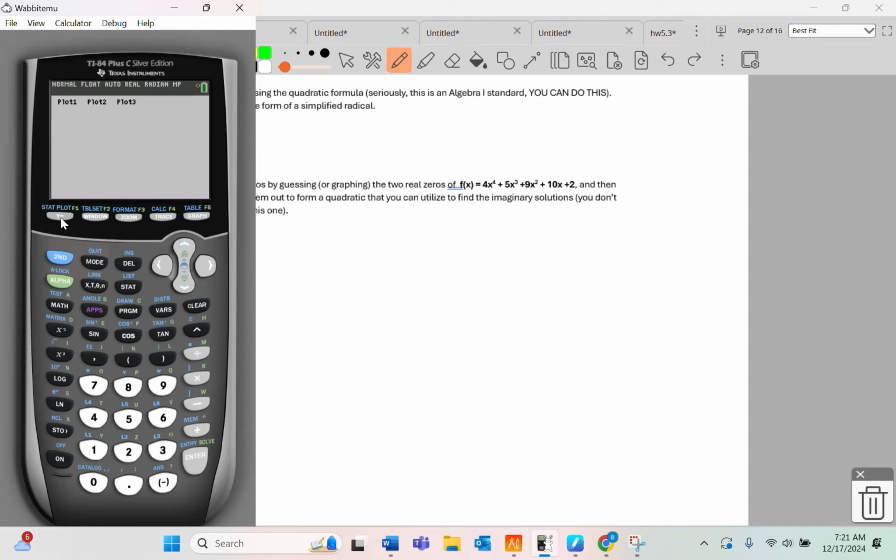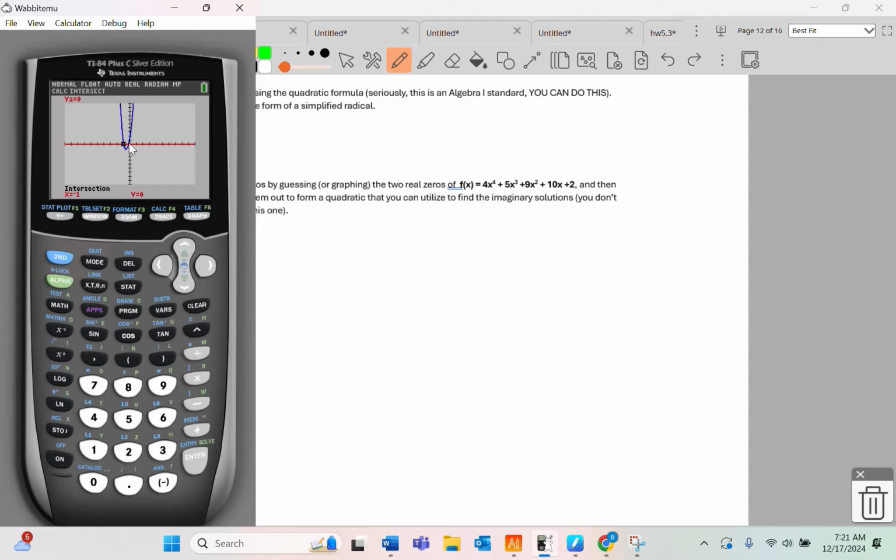I'm going to throw in a 0 here. The reason I'm doing that is I'm pretty confident that's x equals -1. So second trace, 5. Get close, enter 3 times. It was -1.